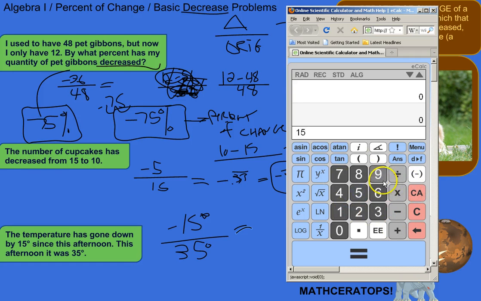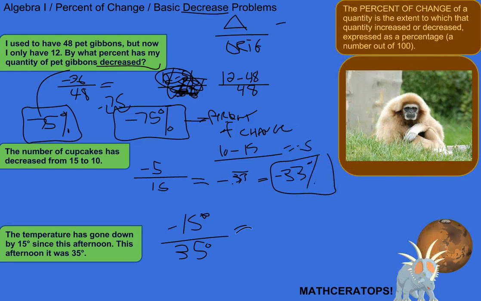So 15 divided by 35 is 0.428. Let's round it to 0.43. So negative 0.43. And then the percent of change would be roughly negative 43%. Or I could say the temperature decreased by 43%. So that's percent of change, basic decrease problems.